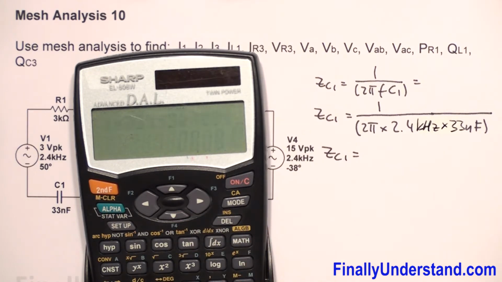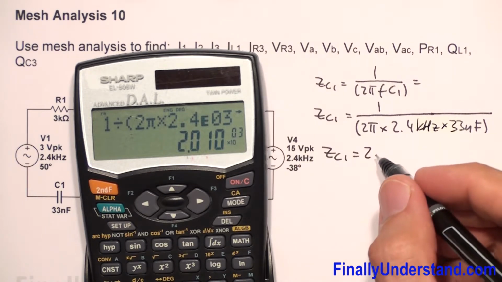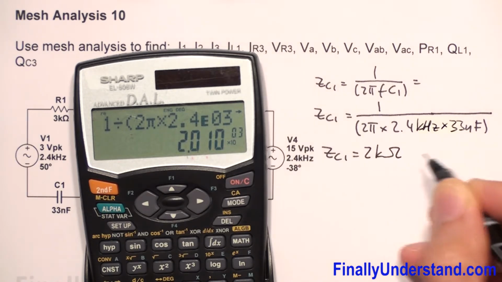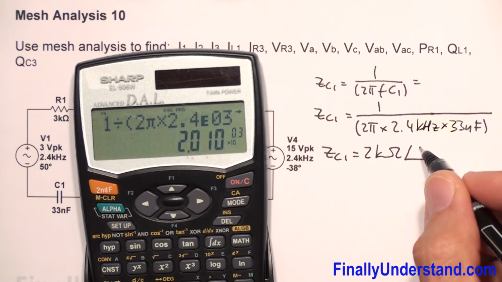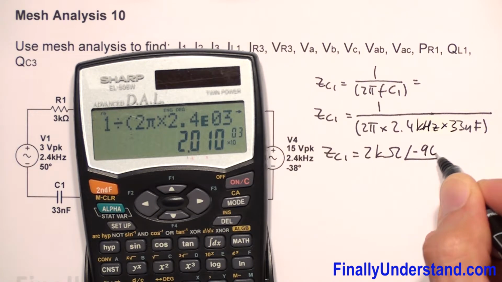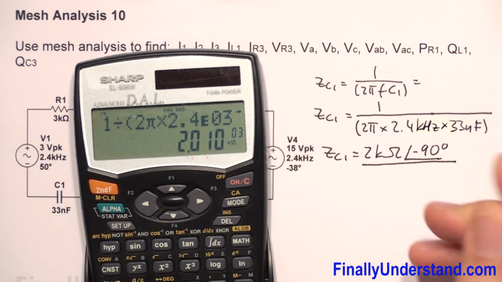This is equal to, we can say, 2 kiloohms, and angle of negative 90 degrees. Okay, so this is the impedance of my capacitor C1.